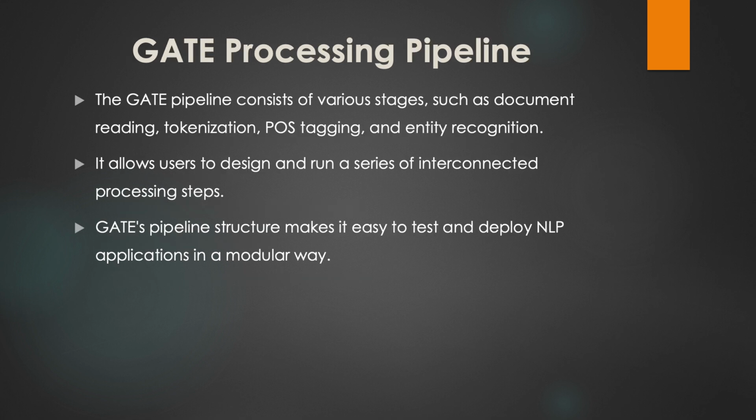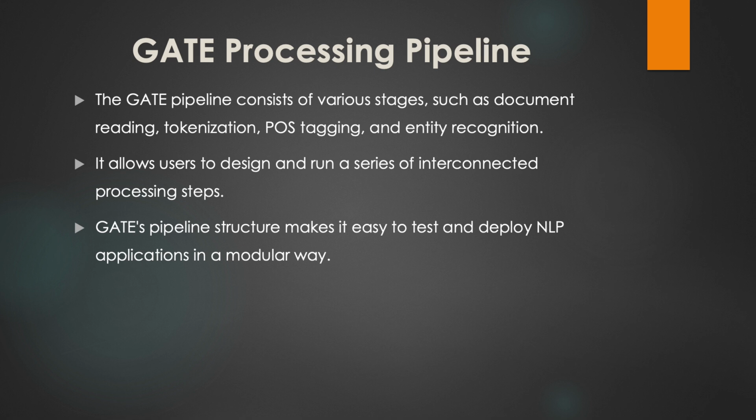Now, let's talk about the GATE processing pipeline, which is one of the most important key features of the framework. The pipeline is essentially a sequence of stages that process your text data. These stages can include everything from document reading to tokenization, and coming to part of speech tagging, named entity recognition.